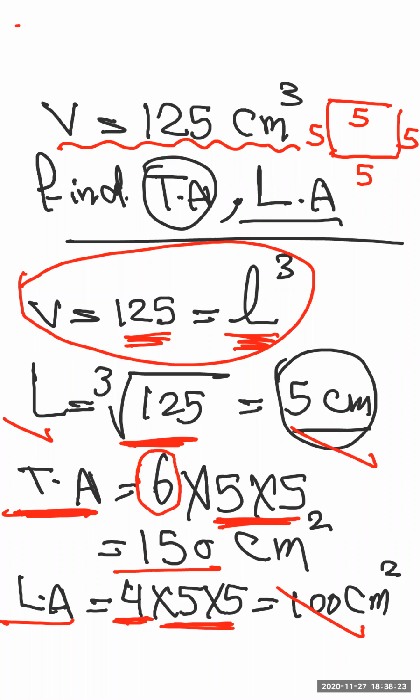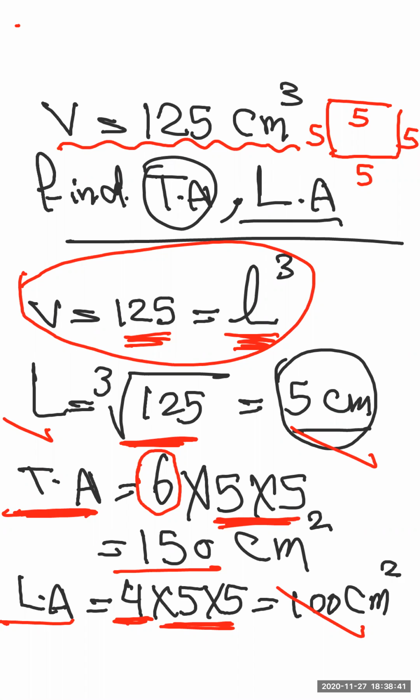Okay, this means a number multiplied by itself 3 times. So cubic root. So we can't get it like L times L times L. We must get it like L power 3.